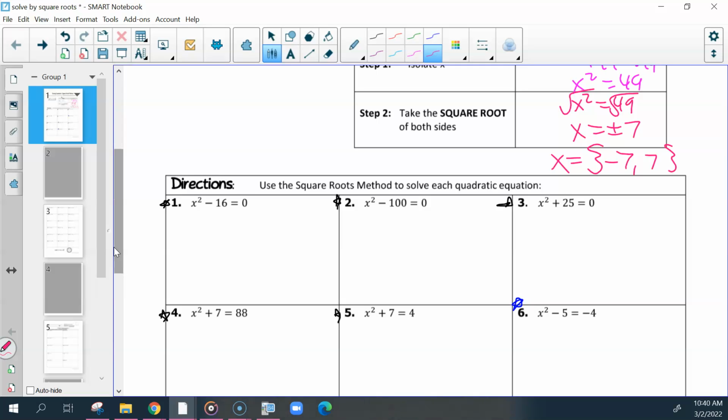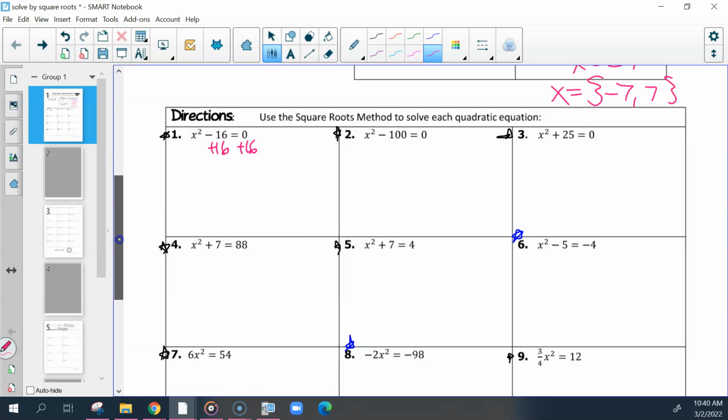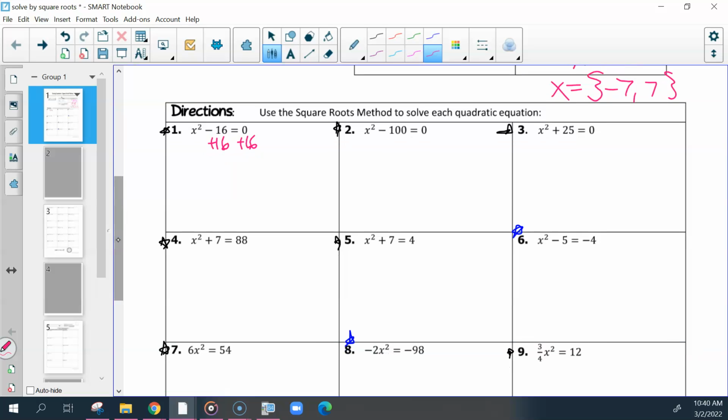We'll do one more and probably stop. For number 1, same thing. We would need to add 16 to both sides. So we have x squared equals 16.